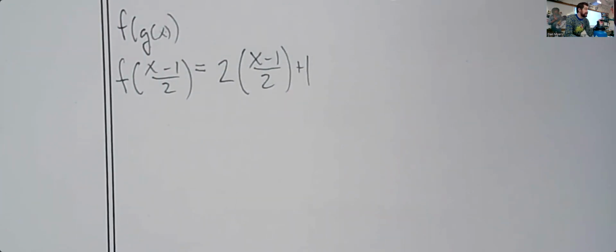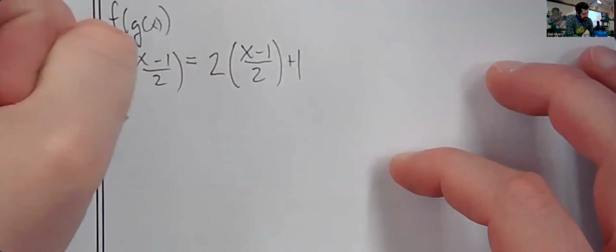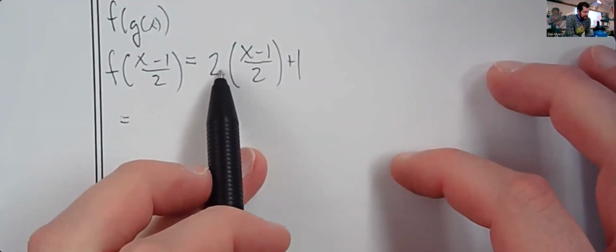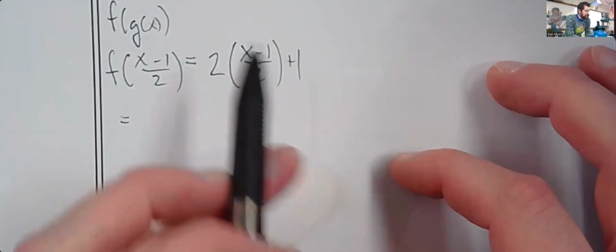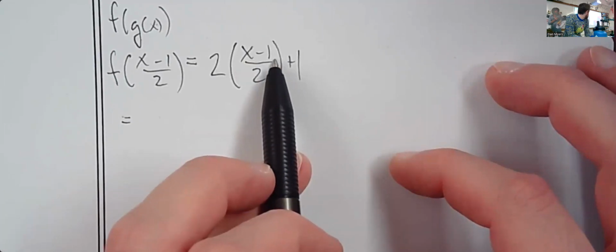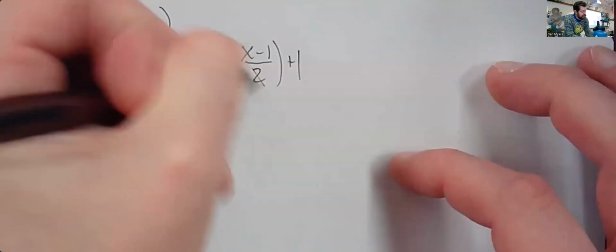Okay, we're going to have to do this twice, by the way. We have to do f of g of x, then we're going to have to do g of f of x to make sure that we end up with the same thing. So when we multiply this all out, I'll just write equals down here, 2 times x minus 1 over 2. We could distribute the 2 to the numerator, to the x and the minus 1, but I think it'd be easier just to cancel out the 2's.